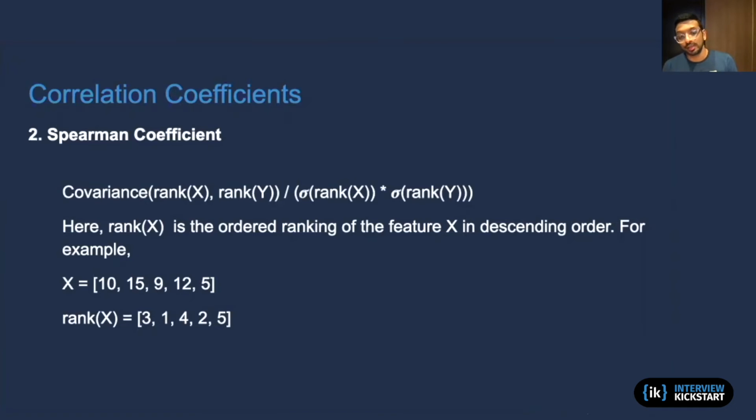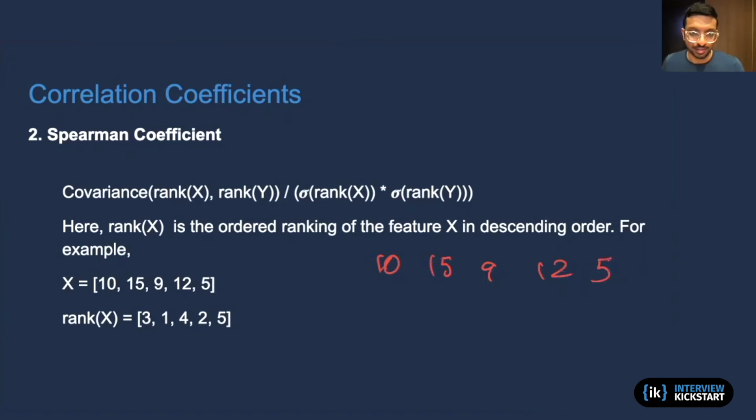So over here, what do we even mean by rank? Rank is basically the ordered ranking of all data points in the variable x or the variable y. So for example, over here, we have a set of 5 values of x: 10, 15, 9, 12, and 5, right?